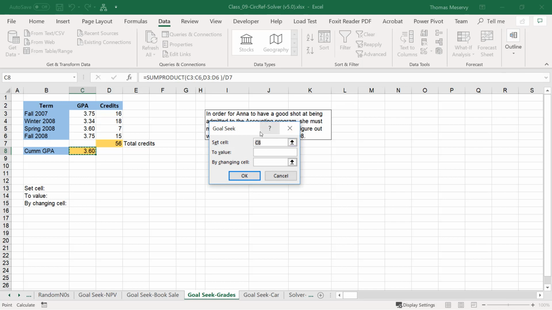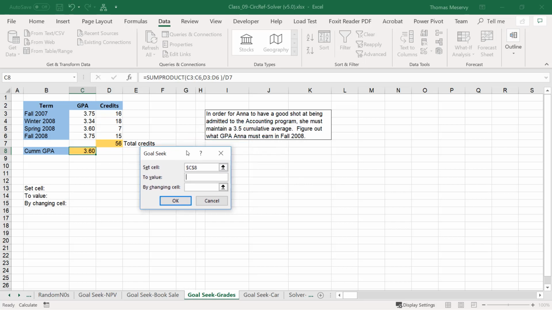And let me go ahead and have you run this. Go ahead and pause the video, and when you're done, play again, and we'll compare answers. Did you get 3.38? Okay, I think that's the right answer. So what's our set cell here? Our set cell should be the cumulative GPA.